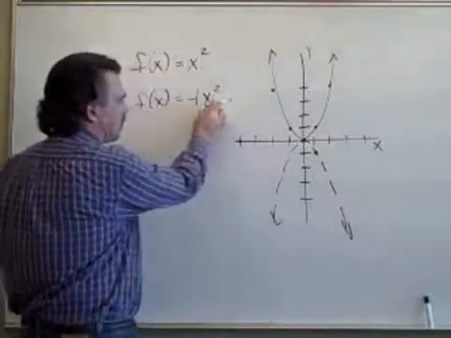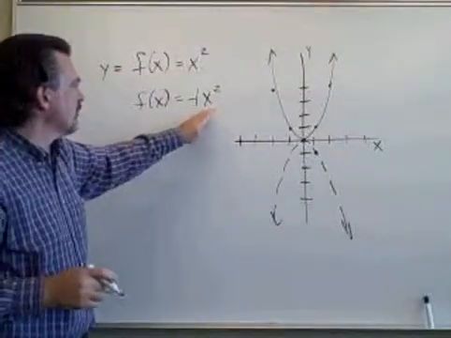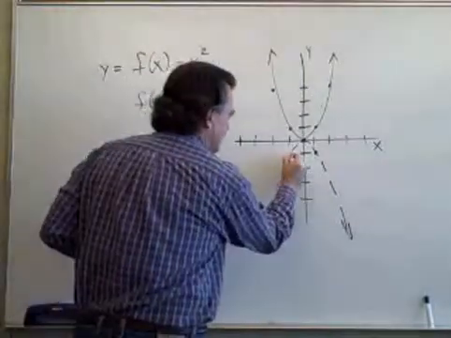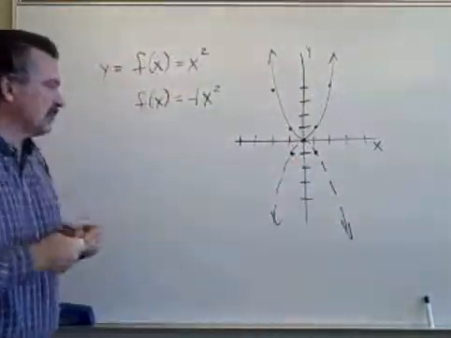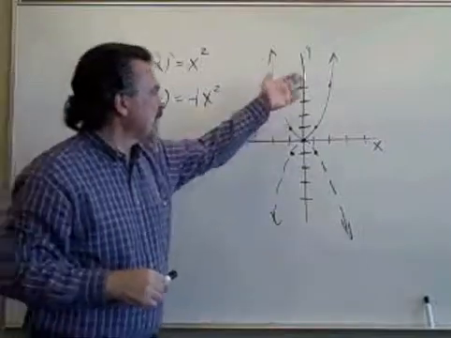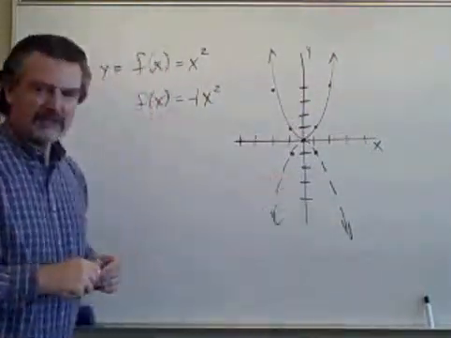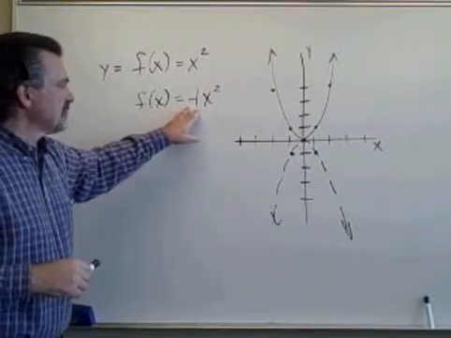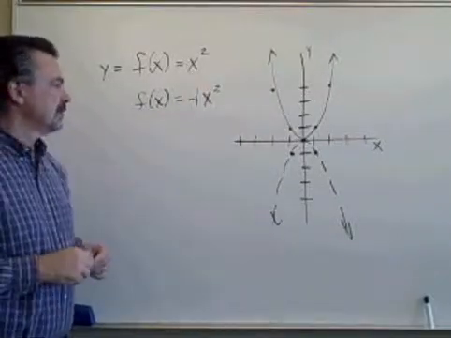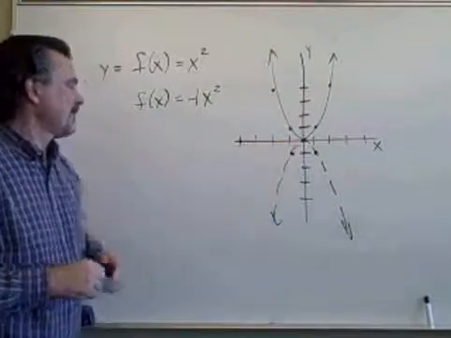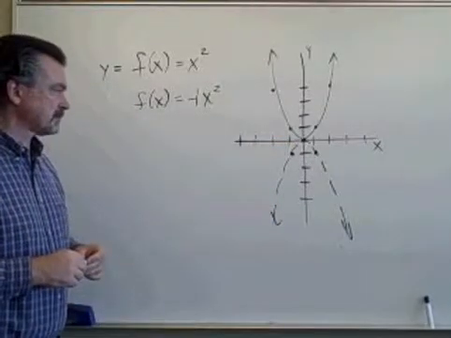The square of negative 1 would be positive 1. Positive 1 times negative 1, the function's value is down below the x-axis. And that would be true of each of those points. It's still symmetric with respect to the y-axis. The negative coefficient simply gave us a reflection, it's sometimes called.